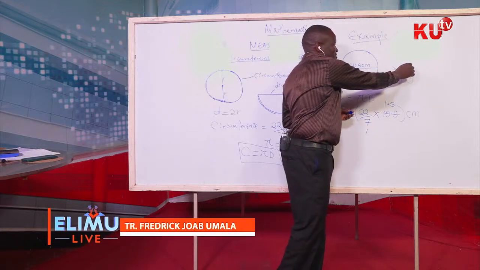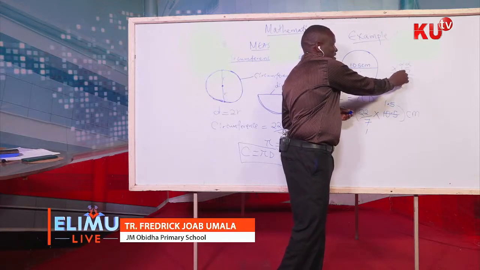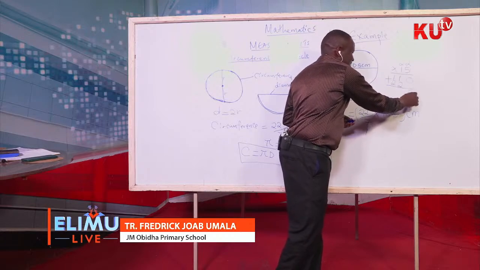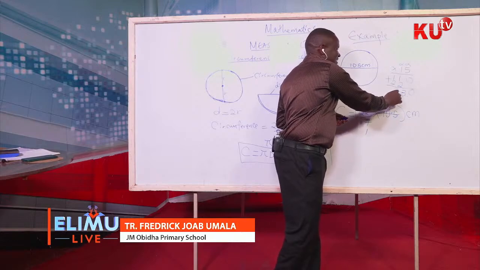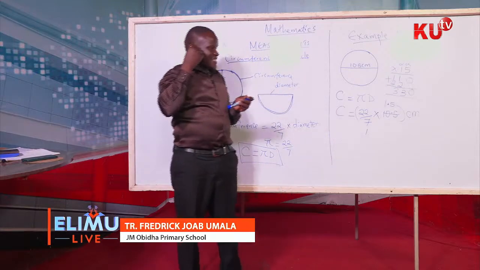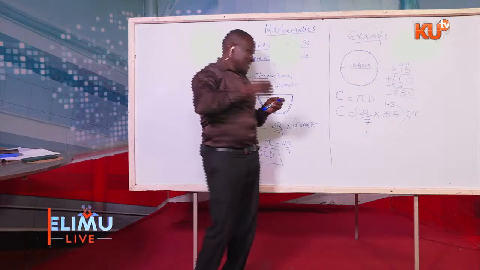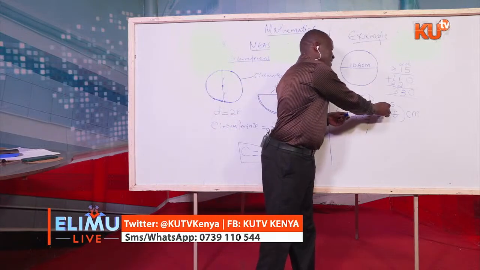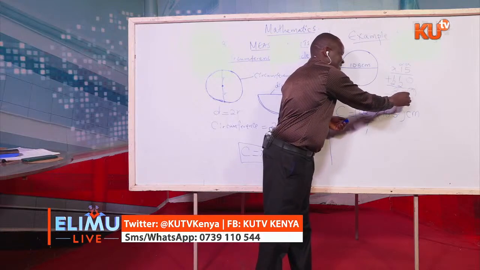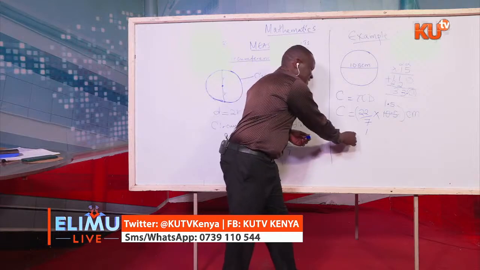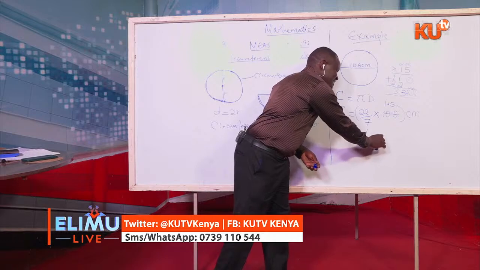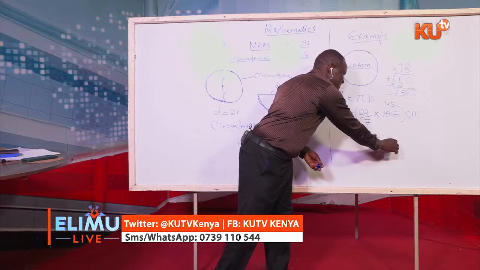Then 1 times 2 will be 2. We add them: 0, 3, 3. And remember, we had a decimal point. Now we introduce the 1 decimal point into the answer. So we move it from the right. There we are. So our circumference, fellow viewers, will be equal to 33 centimeters.